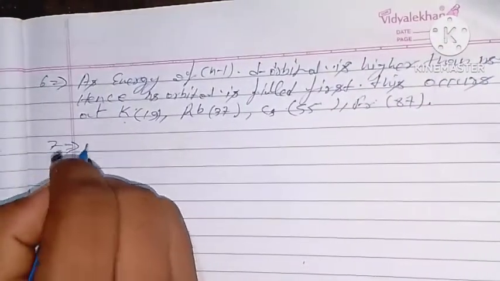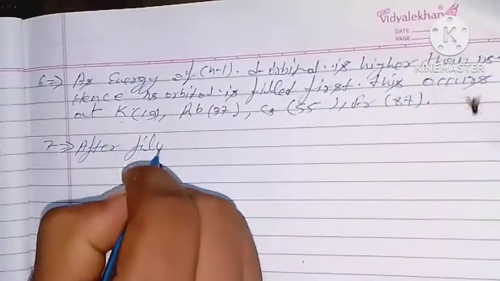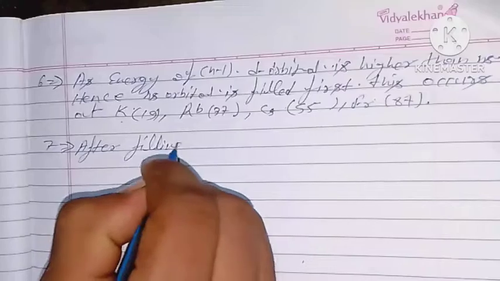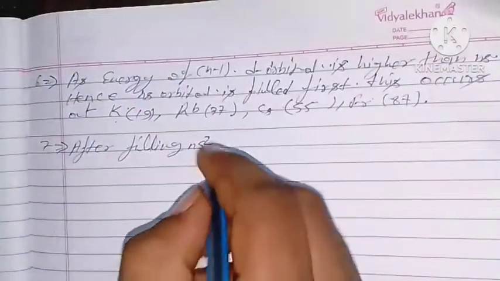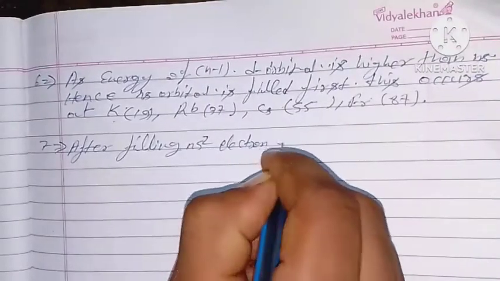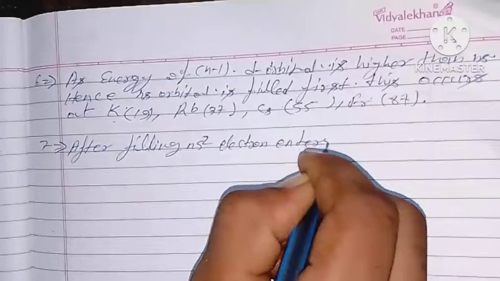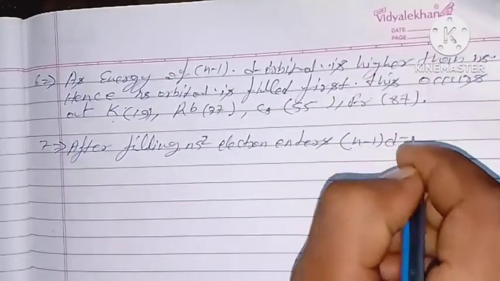Seventh point: after filling ns squared, the electron enters the (n-1)d orbital.